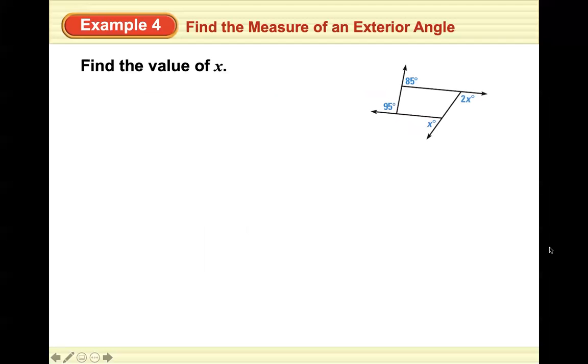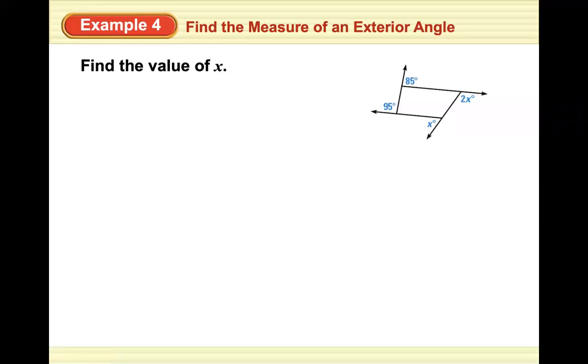All right, find the measure of an exterior angle. So since we know that the exterior angles of all polygons add up to 360 degrees, we know that these four angles in this picture here, since they are exterior, should add up to 360 degrees.